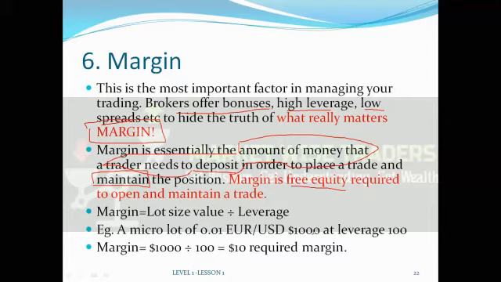So if you're using a 1-to-1 leverage, you would require $1,000 to open this size of 0.01. That is if you're using a leverage of 1-to-1. But because you're using a leverage of 100-to-1, you divide 1,000 by 100. So all you need to open that trade is $10.